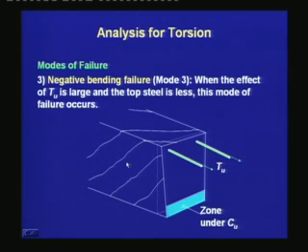In this case, the magnitude of torsion is substantially higher than that of the flexure, and if the top steel is less then the top steel will yield and the crushing will occur at the bottom. Remember that under pure torsion, the crushing can occur at any side of the beam depending on how much reinforcement has been provided.